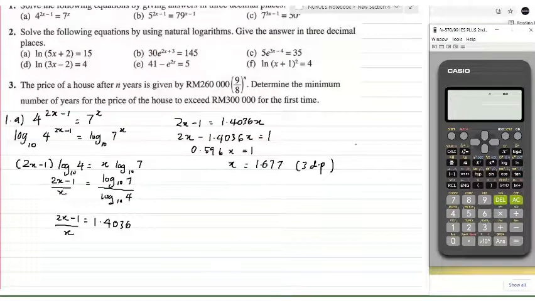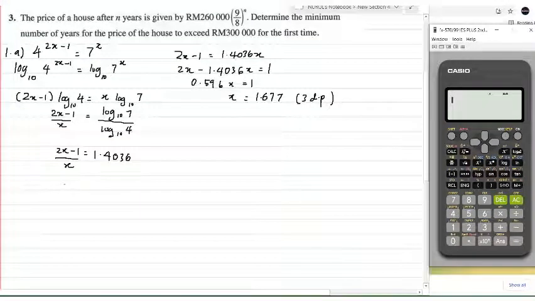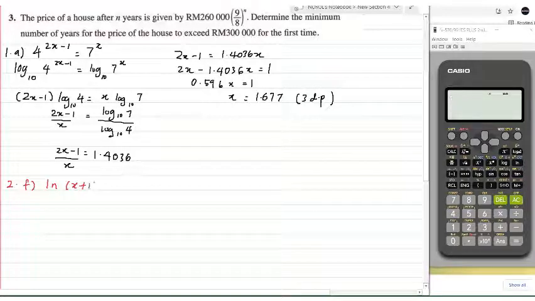Now we turn to question number 2F. Number 2F is question ln. Okay, natural logarithms x plus 1 power 2 equal to 4.